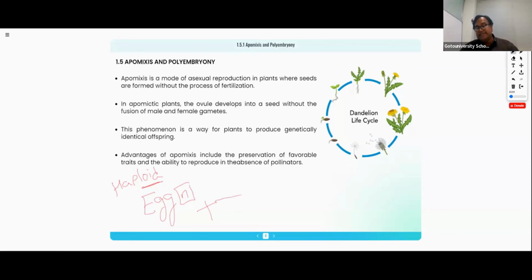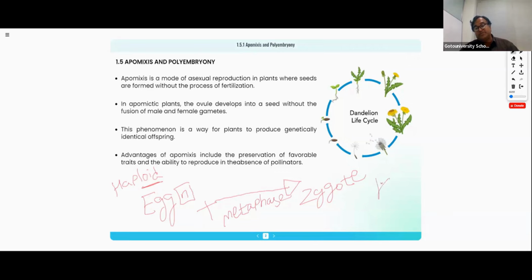But in this case, it is not happening. So then how is zygote formation happening? If you look into this very seriously, this egg cell, after getting arrested in metaphase. What do you mean by metaphase? It is a part of karyokinesis, not cytokinesis.